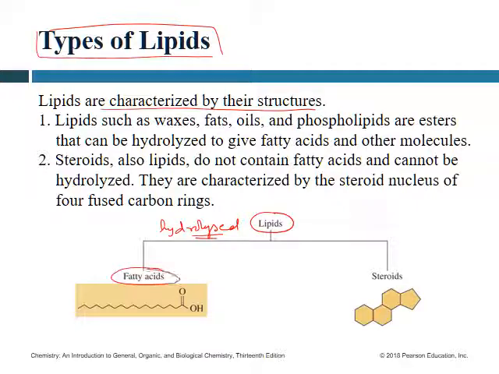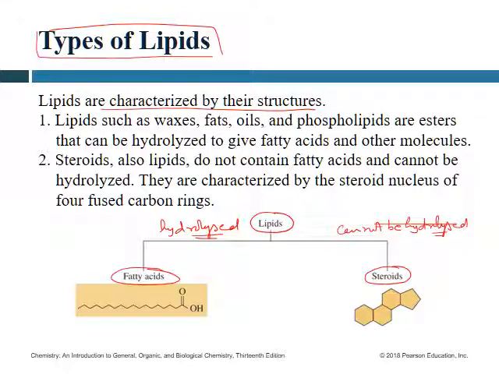That means that lipid is made up of fatty acid. That's why they give fatty acid as a product. And some lipids cannot be hydrolyzed, meaning they cannot be broken down with the help of water. That kind of lipid we put under the steroid section.